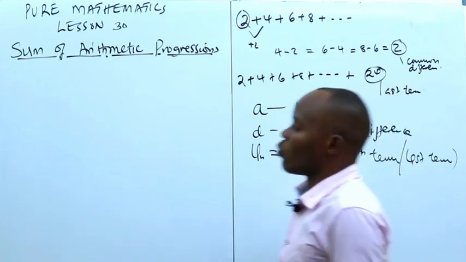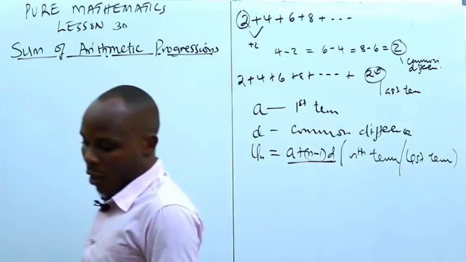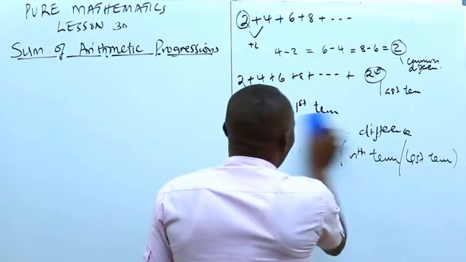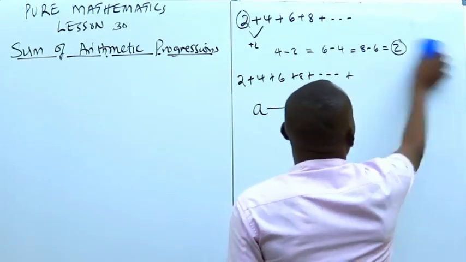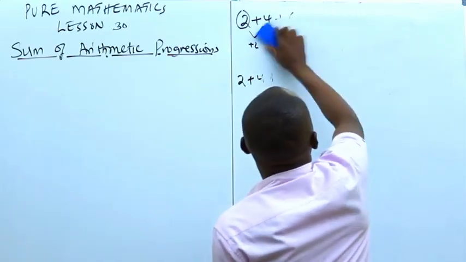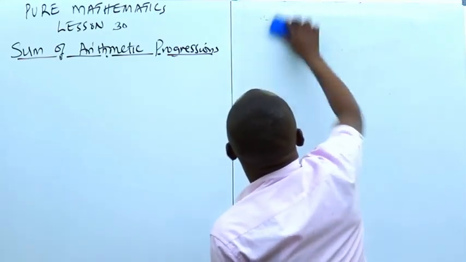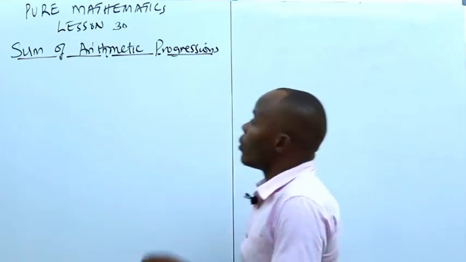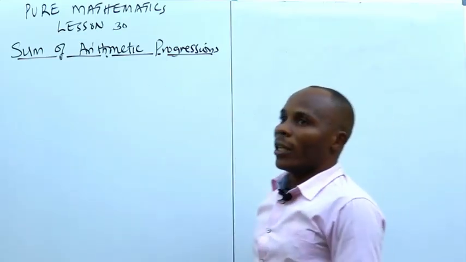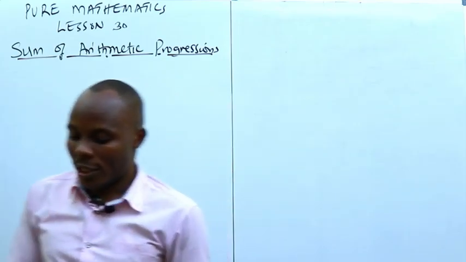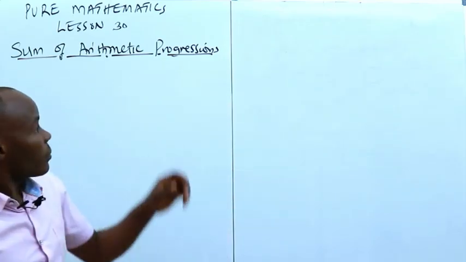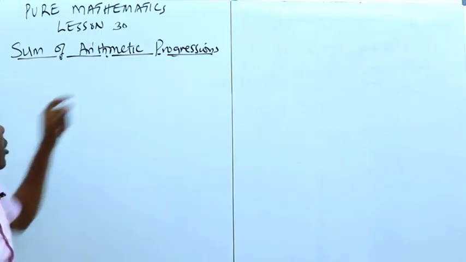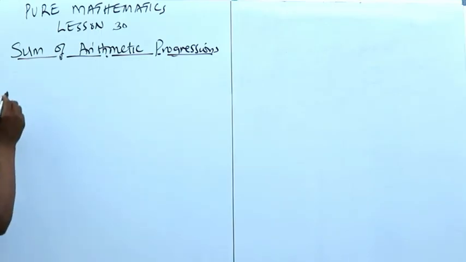I've been making a quick review. Today, I want us to specifically look at how to determine the sum of the terms given in a certain series. As you can see, sum of arithmetic progressions.